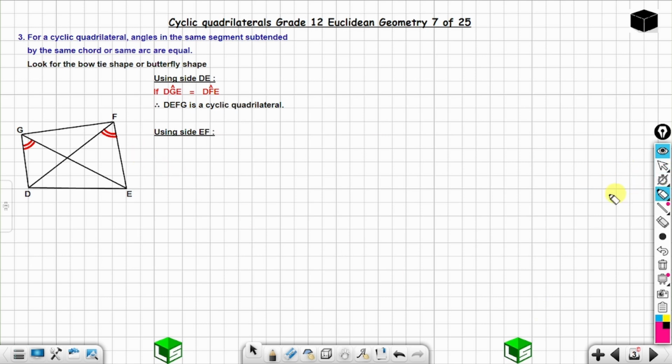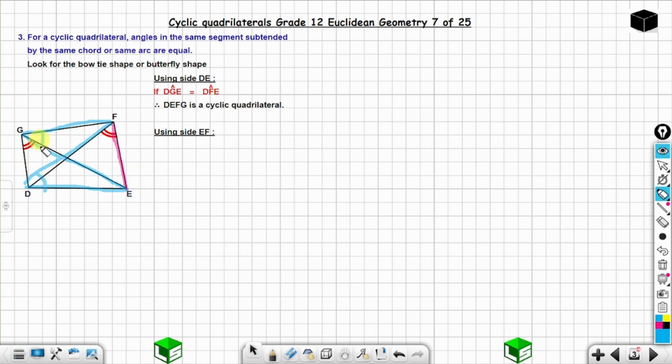If you are using EF, you are going to prove that this angle and this angle, if the two angles are equal, then this is a cyclic quadrilateral.